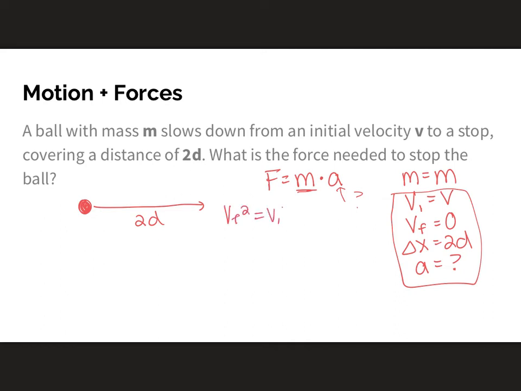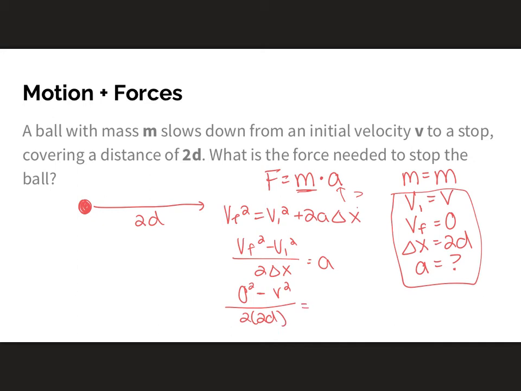Now, in these situations, I still want to write out my entire equation, and then I'll take a minute to solve for the variable that I need. After this is when I plug in my variables, and I'm plugging these in instead of numbers. Okay, think of them like numbers. So 0 squared minus v squared over 2 times 2d.